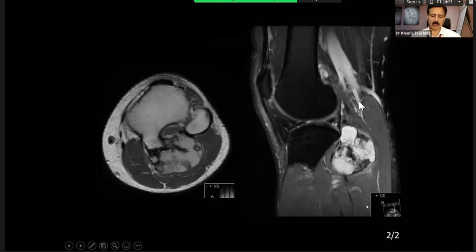Okay, let me now try to show you a case in a sort of a scrolling format. Let's see if it works.